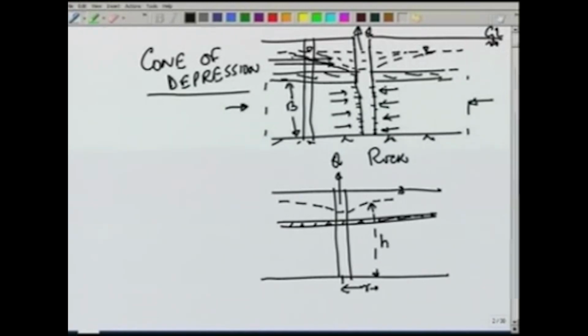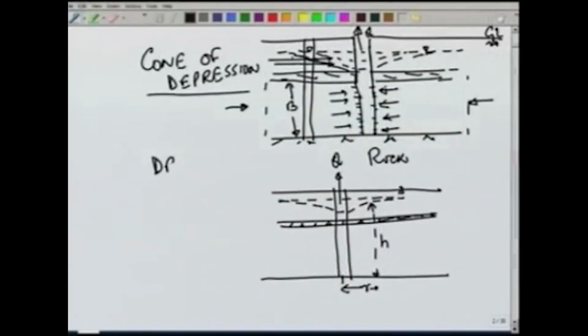Let us say that the head is H. This is the initial piezometer level. The difference between the initial level and the cone of depression at any time is called the drawdown, typically denoted by S.